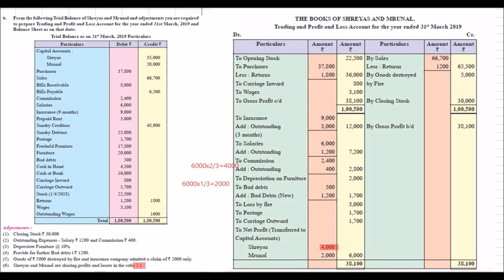So the 6,000 we distributed to both partners, 4,000 rupees and 2,000 rupees.